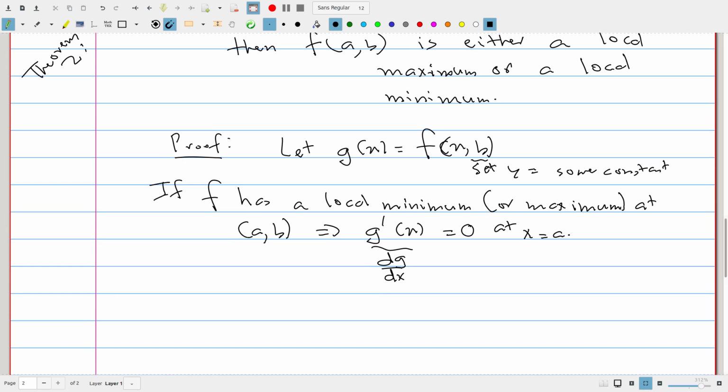So dg/dx at x equals a equals 0. But then this is equal to the partial of f with respect to x at (a, b). This implies the partial of f with respect to x at (a, b) equals 0.